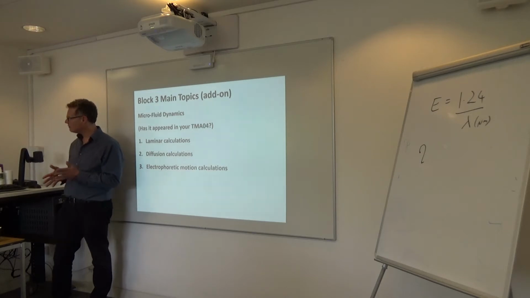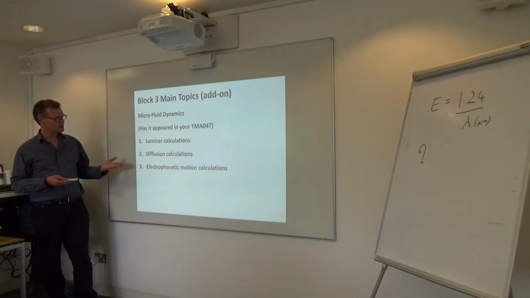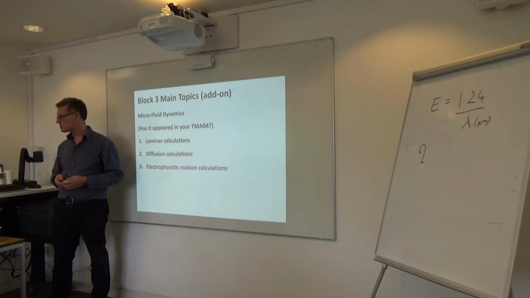Then as an add-on, they have this microfluid dynamics side of stuff. That's always going to be laminar flows, because your Reynolds number is always going to be so low, and might involve diffusion calculation. We've done these two things, so the third one I think is more than likely a candidate for an exam question.